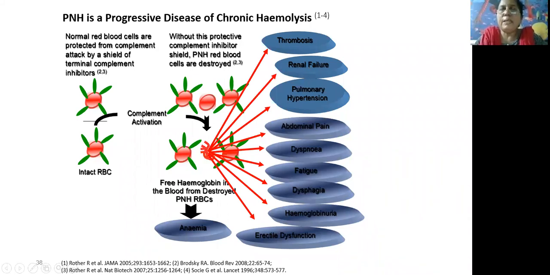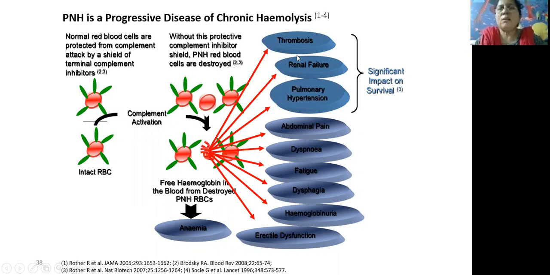This is a dangerous problem because of the small thrombus that is occurring within the small blood vessels. Same with abdominal pain, dyspnea, fatigue, all because of that. Then hemoglobinuria. Then erectile dysfunction, again because of the thrombus.